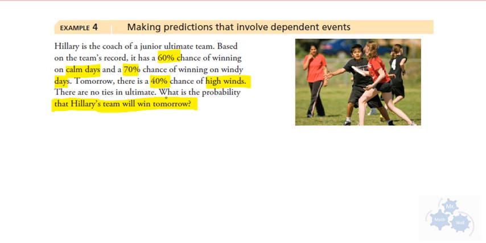And if it's calm, what's the chance that they still might win? Right? There's a lower chance that they'll win, but they still might win. So we're going to have to figure out what the probability of calm and win is. We're going to have to find out the probability of windy and win, right?